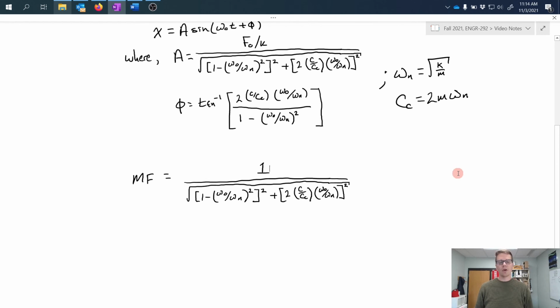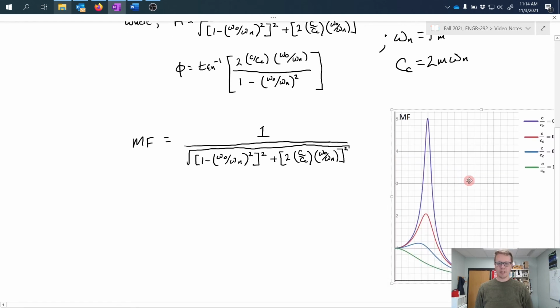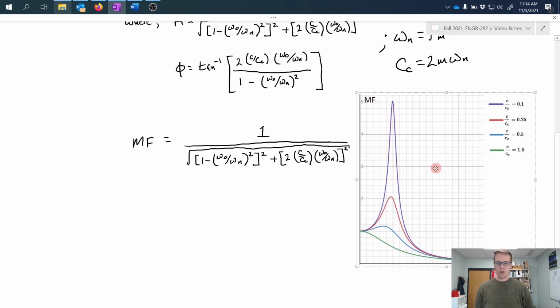So now if we go ahead and plot what this looks like, I'm going to get a plot that looks something like this, where as before I'm plotting the ratio of the frequencies against the magnification factor. Now I've done this for a few different damping factors as shown here.